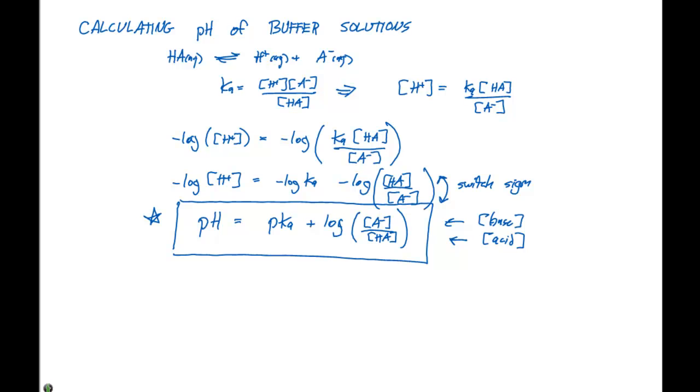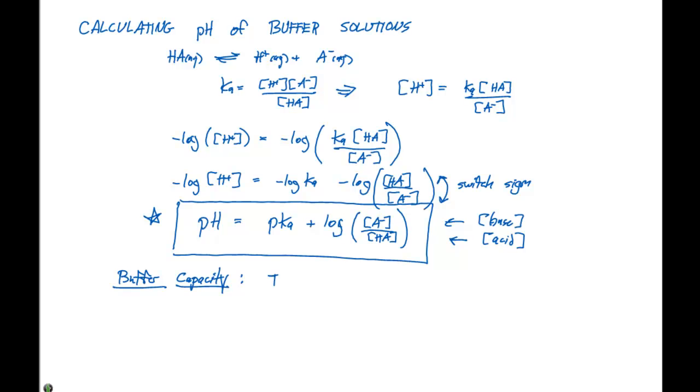So buffers will work only in a certain pH range, and we need to define something called a buffer capacity, which will give us an indication of which pH ranges our buffer will work.